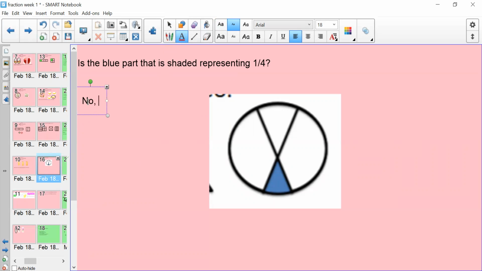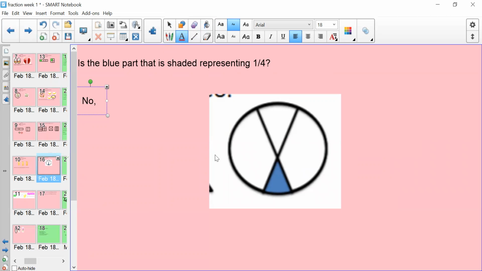And then it is really important that when we are reasoning, we have to give our reason why we are saying no or why we are saying yes. So some of you might have said yes because it is 1 out of 4 parts, which is what a quarter is, and that is correct. What's really important about these parts is that they are not equal, they're not the same. So we haven't actually shaded a quarter of this shape.